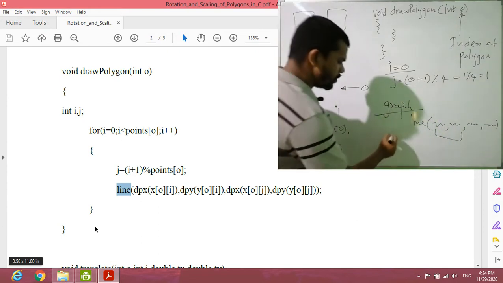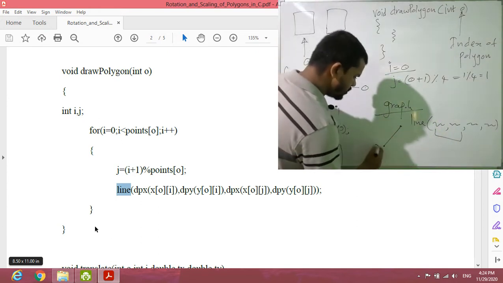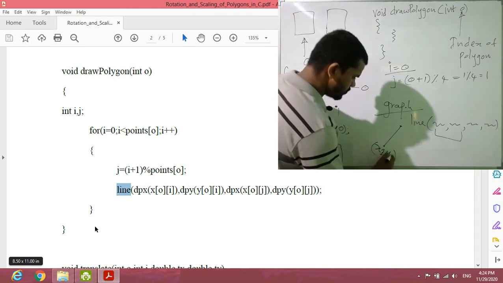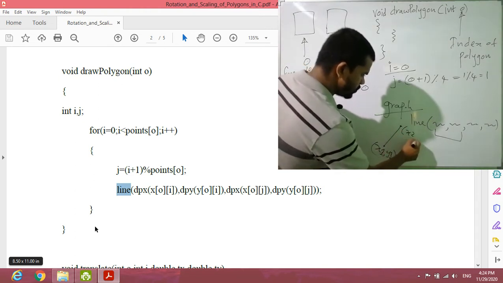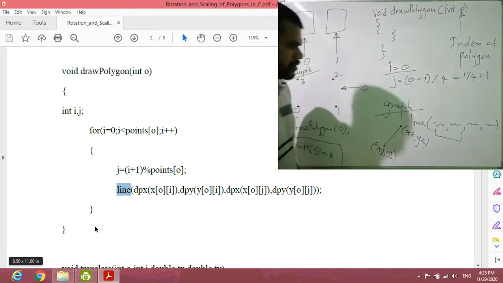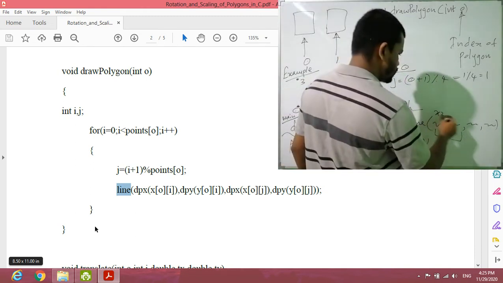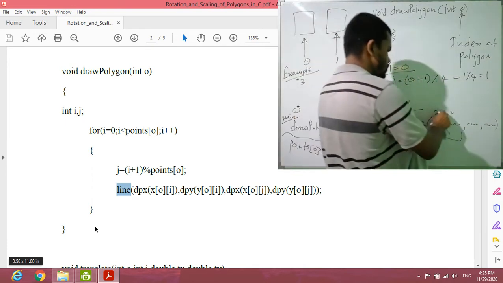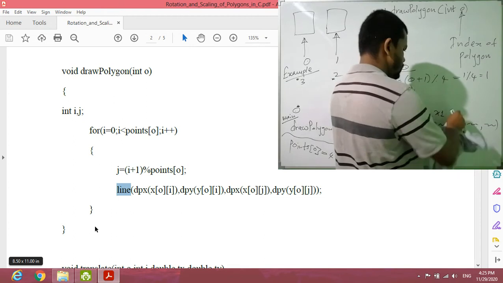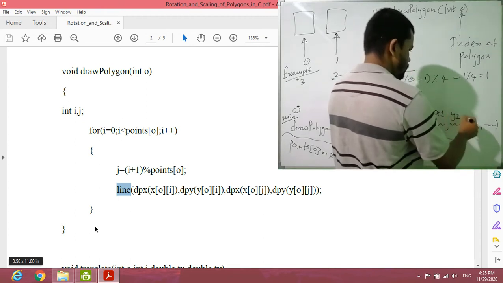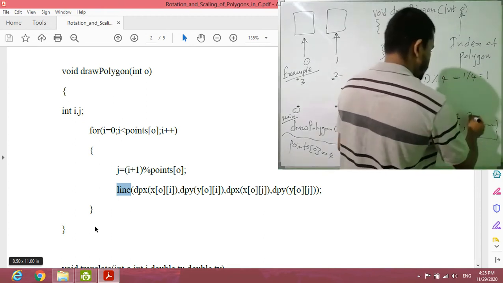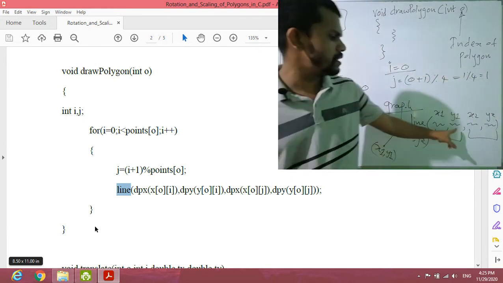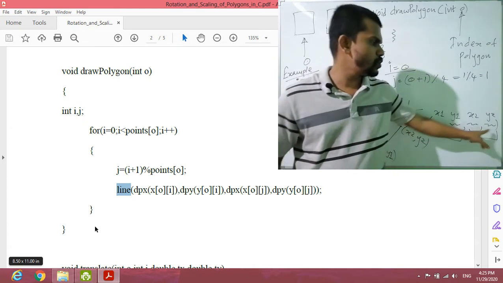If you have a line like this, x1 comma y1, x2 comma y2, then here you pass x1, then y1, here x2, here y2.